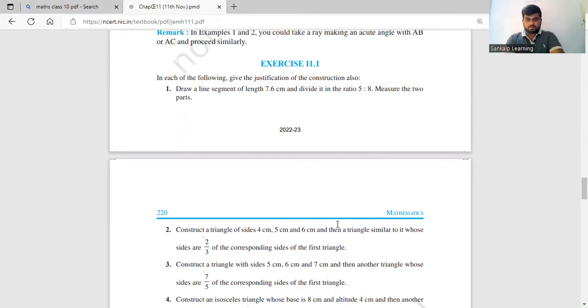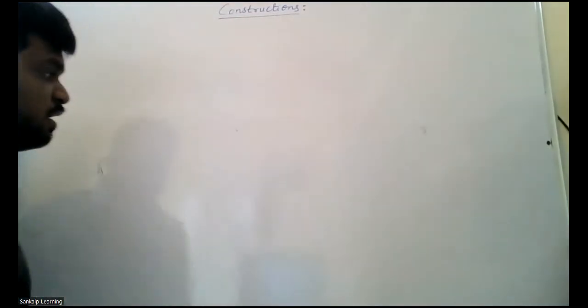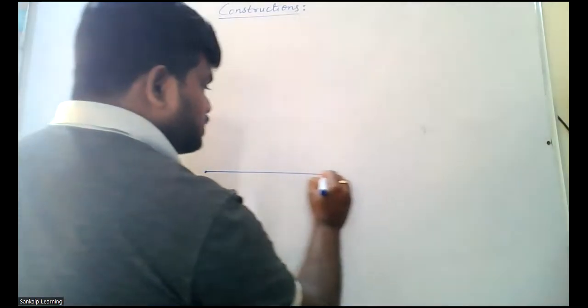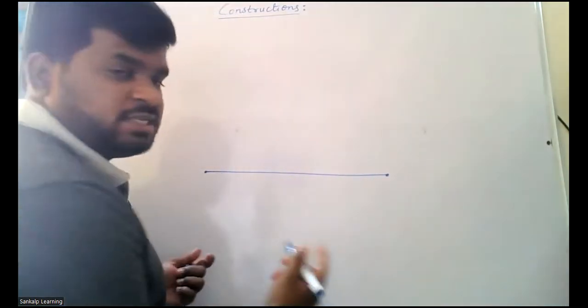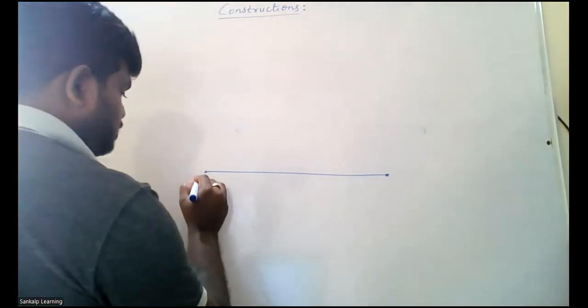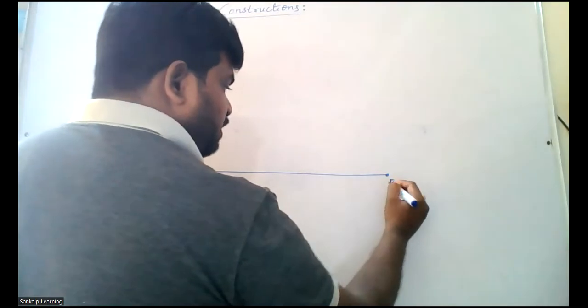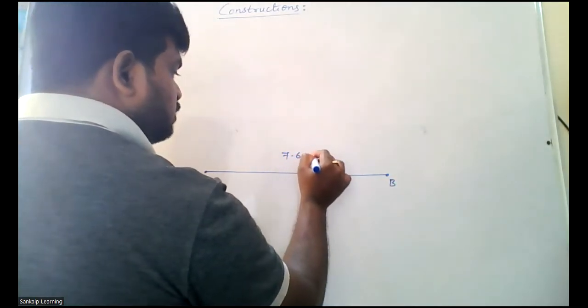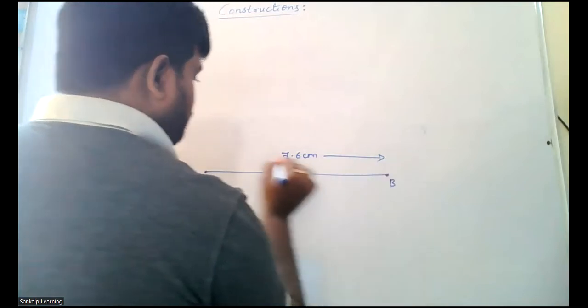We have to draw a line of 7.6 centimeter and divide it into 5:8 ratio. First, let's draw a line segment of length 7.6. Using the scale, we're going to draw this 7.6 centimeter. This is the length.